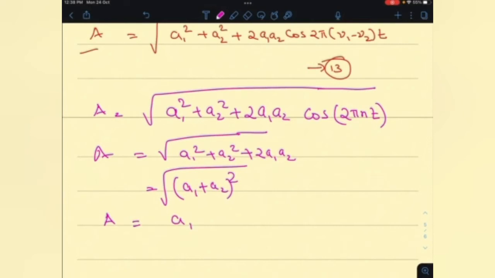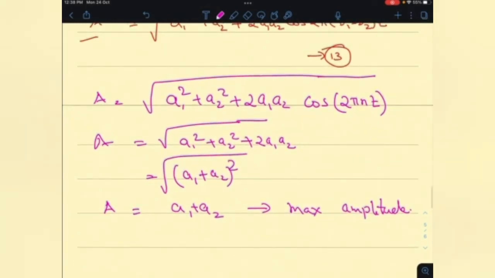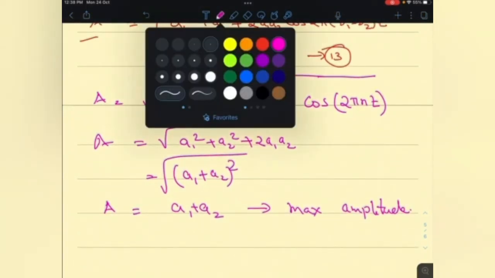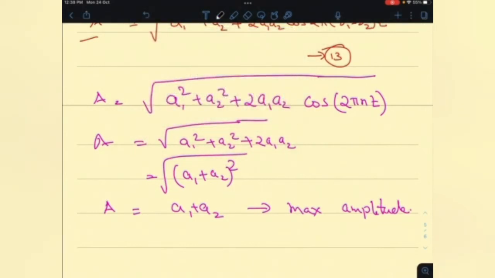Therefore, we can define it in the opposite way to get a maxima or maximum amplitude. The condition is 2π(ν1 − ν2)t = 2nπ.